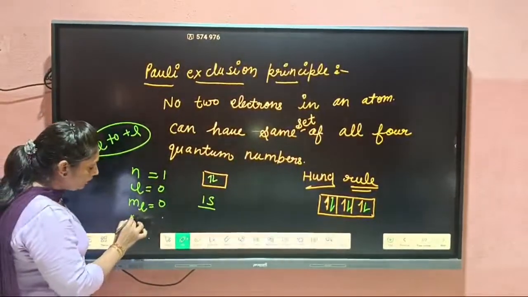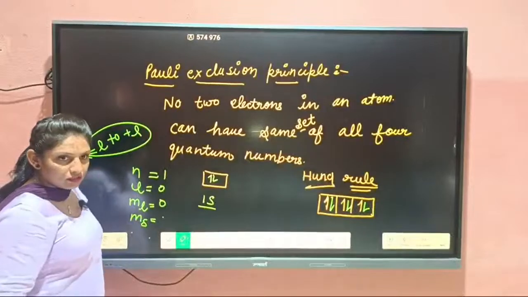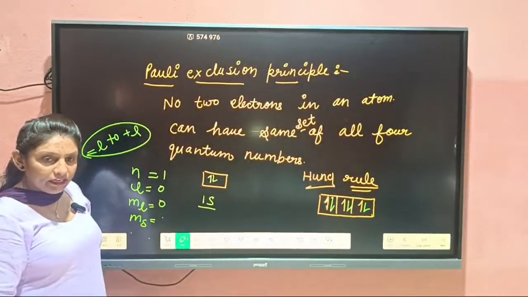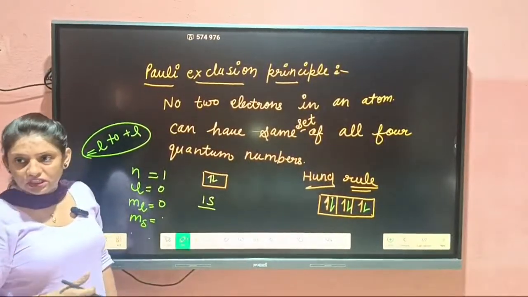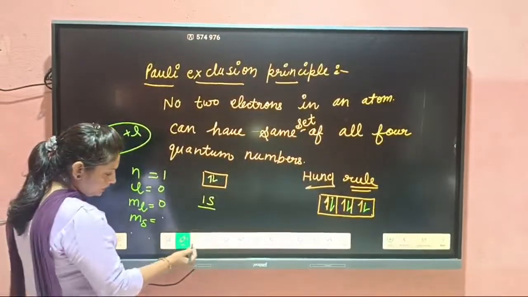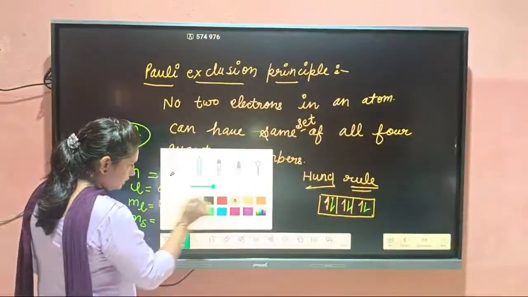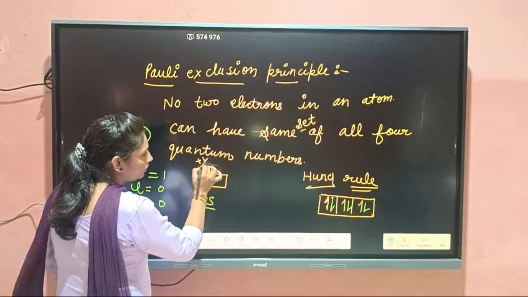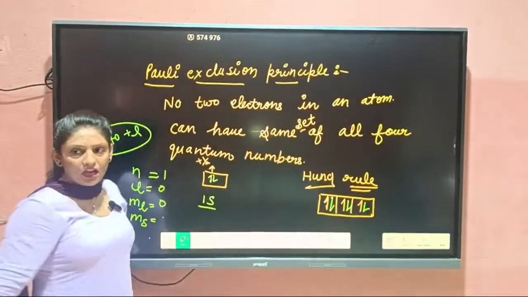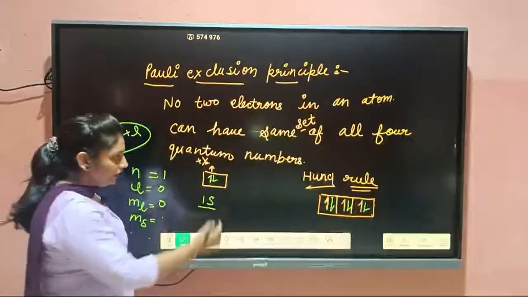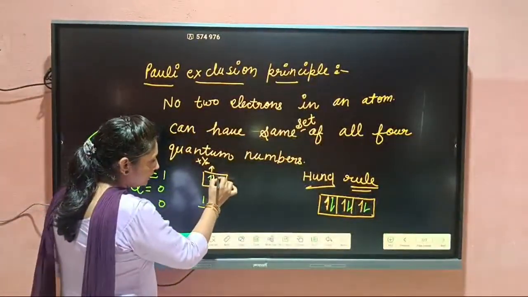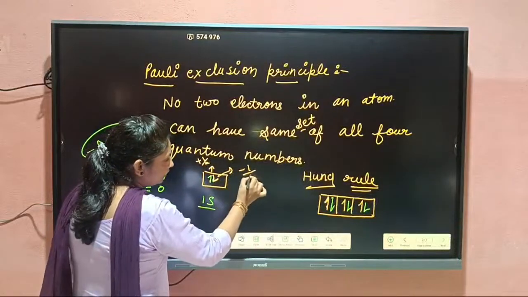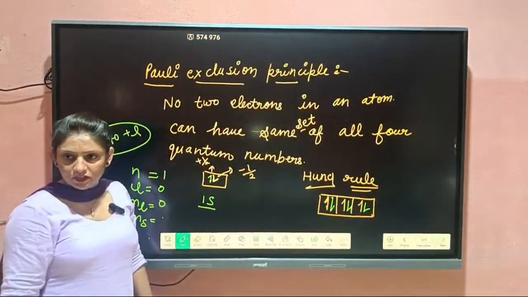But the value of spin quantum number is not the same for both electrons. It is plus half for the electron which has high spin, and it will be minus half for the electron which lies in low spin.